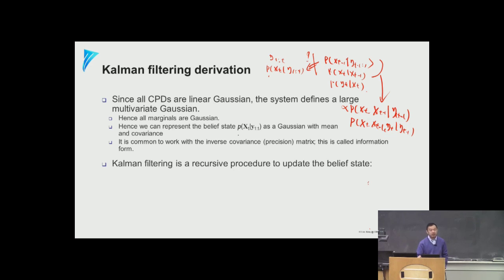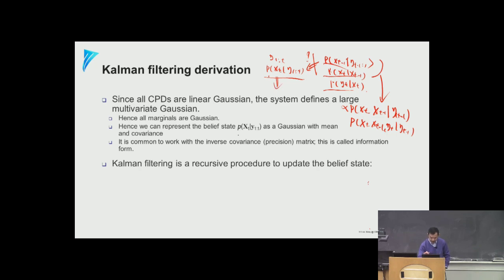Okay. And what if I tell you that all these are Gaussian distributions? Maybe you can already guess that after all, this distribution, this distribution, and then eventually this distribution are some kind of Gaussian distributions. Therefore, what we need to do is just a computation of the mean and covariance of this distribution.